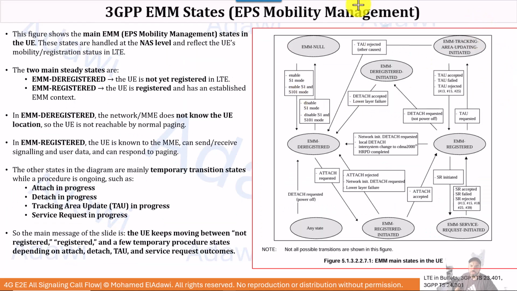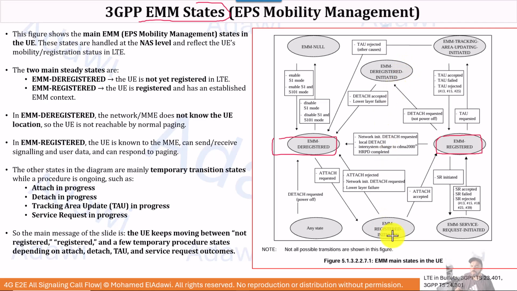Just quickly before going to the mapping part, here are the complete 3GPP EMM states of the EPS Mobility Management. I mentioned to you that there are mainly two states, EMM deregistered and registered, and that's true. These are the main states. However, there are also initial transition states.